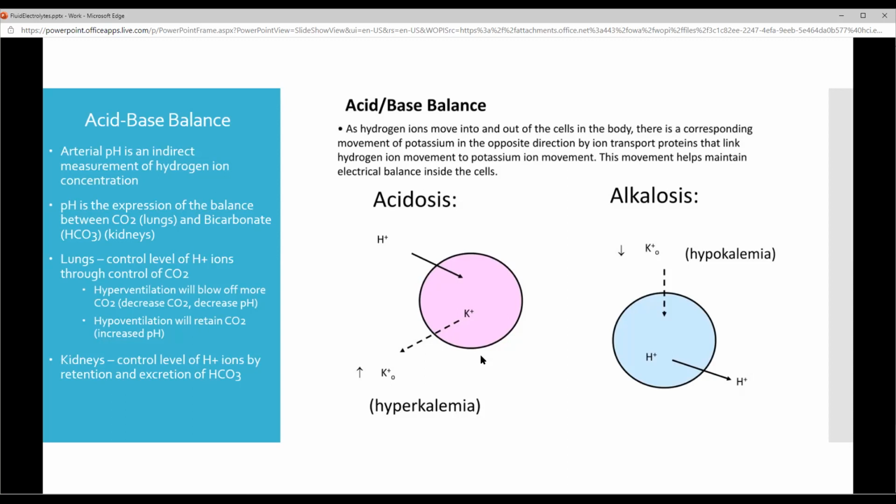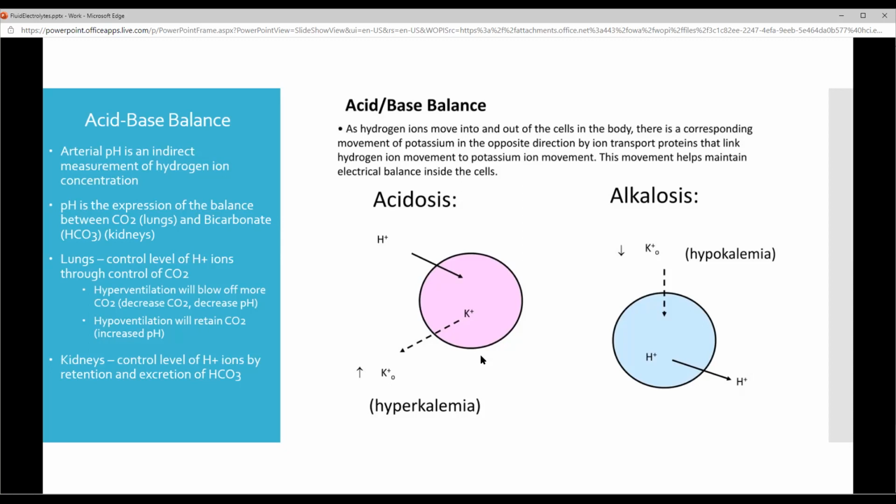concentrations. Hydrogen is an acidic substance, and high levels of hydrogen in the extracellular fluid are going to create acidosis. pH is a balance.